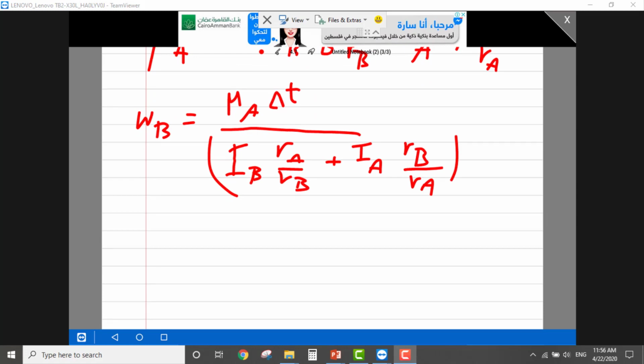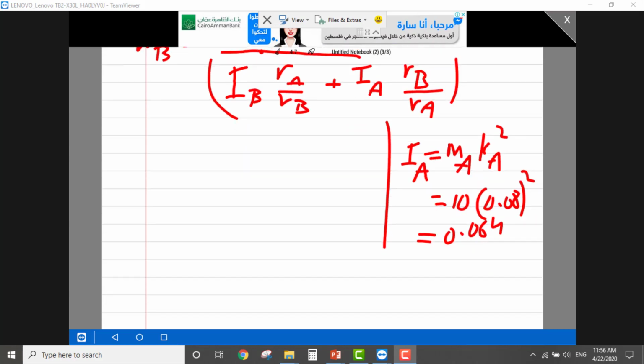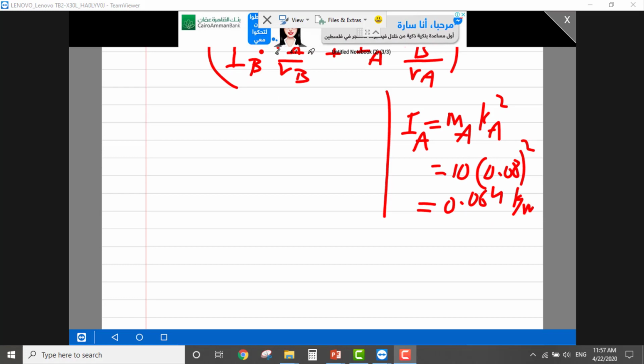So the mass moment of inertia IA is equal to mass A multiplied by KA squared. Mass A is given to be 10, and the radius of gyration is 80 millimeter, which is 0.08. So 0.08 squared multiplied by 10 equals 0.064 kilogram meter squared.